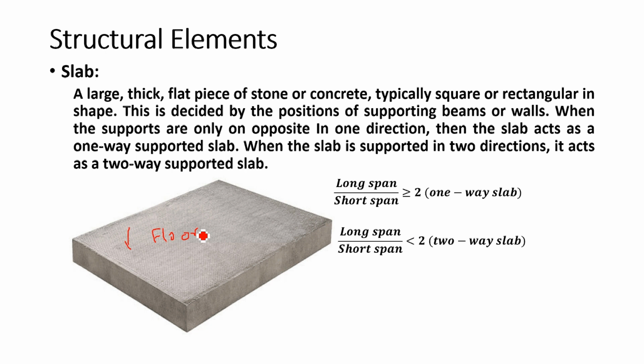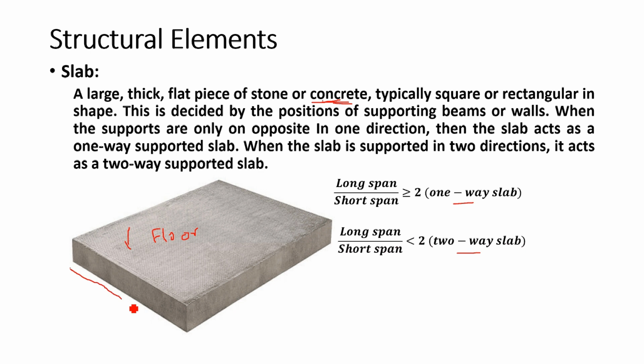A slab can be constructed from any material; the most common are concrete and stone, and concrete is the most common one. We construct the slab using concrete. Slabs can be defined in two categories: one is the two-way slab, and the other is the one-way slab.